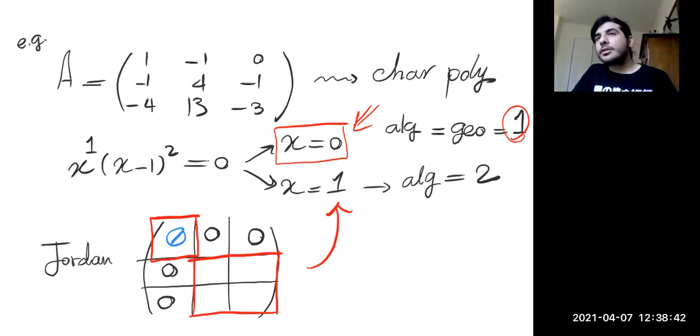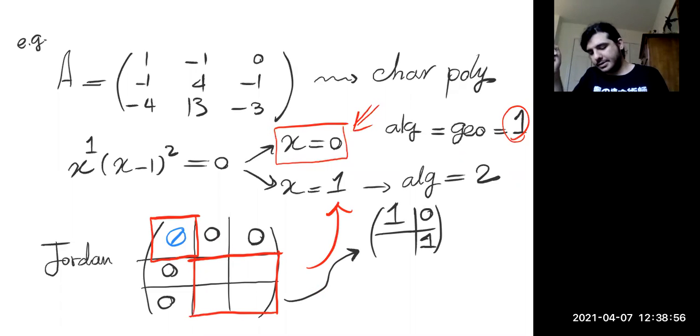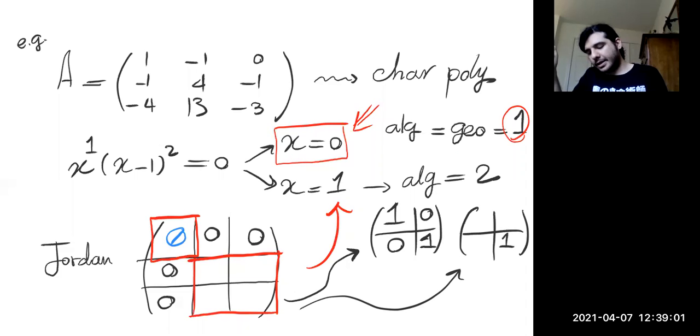Okay, there are two possibilities. Either I would get a matrix of this form. The Jordan block here either is a diagonal block corresponding to eigenvalue 1, which is like this, or it would be a Jordan block, which is like this. There is one extra 1 above.